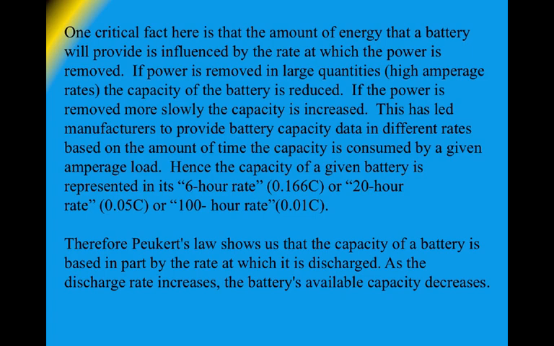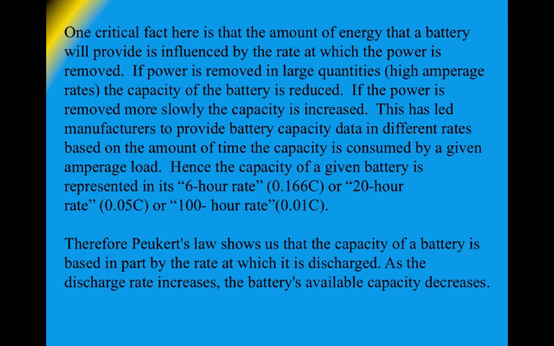If the power is removed more slowly, the capacity is increased. So manufacturers provide battery capacity data at different discharge rates based on the amount of time the capacity is consumed by that given rate.